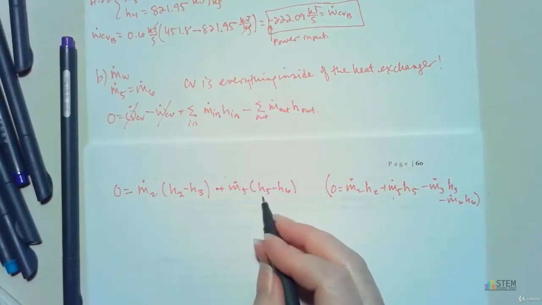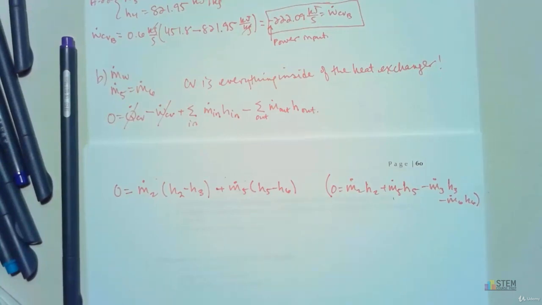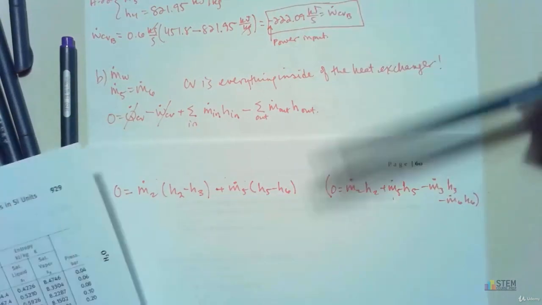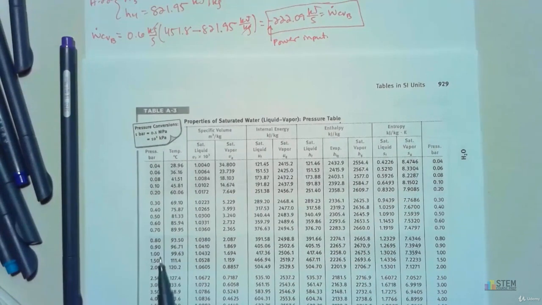Now for H5, we've got water, temperature is 20 degrees Celsius, and we've got a pressure of 1 bar. If we look at our table for the water at a pressure of 1 bar at that entrance 0.5, our saturated temperature here is 99.63. Our temperature is at 20 degrees Celsius. So that means we have a compressed liquid at that point.